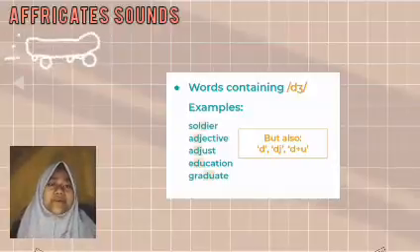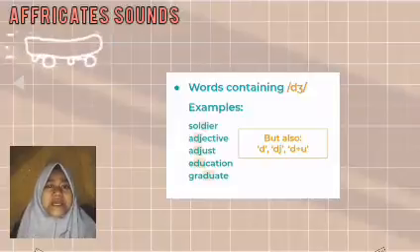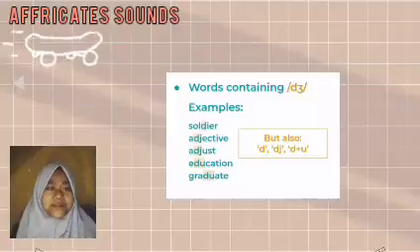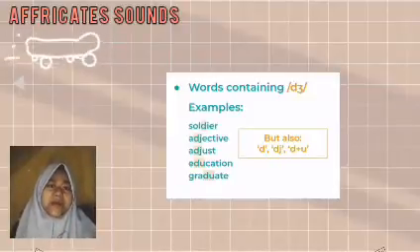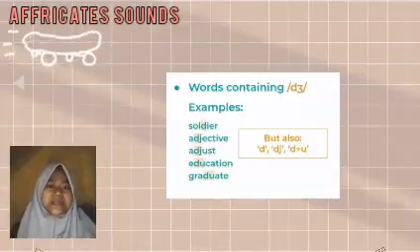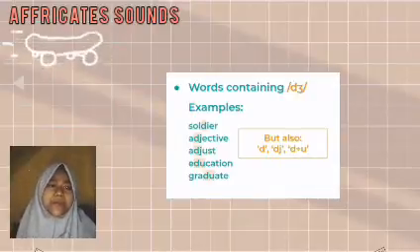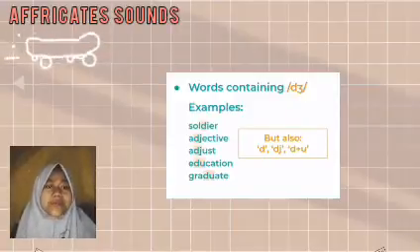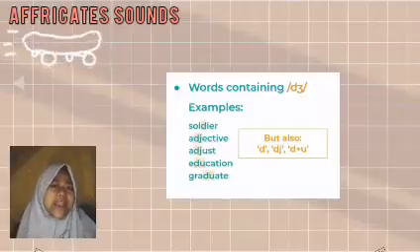We also have the words soldier, adjective, adjust, education, graduate. So other spelling patterns could be D or DJ, or also D plus U. Now education can also be pronounced with d-u, but very often when we speak fast it actually becomes a j sound, education.